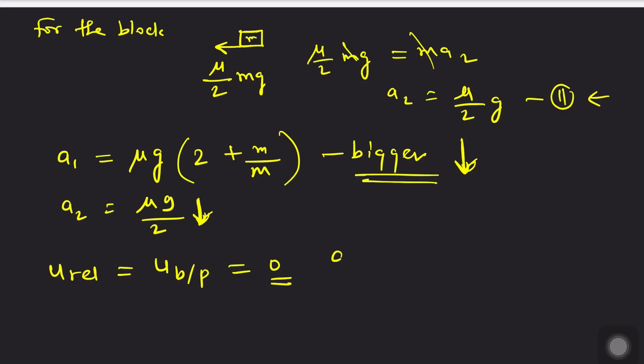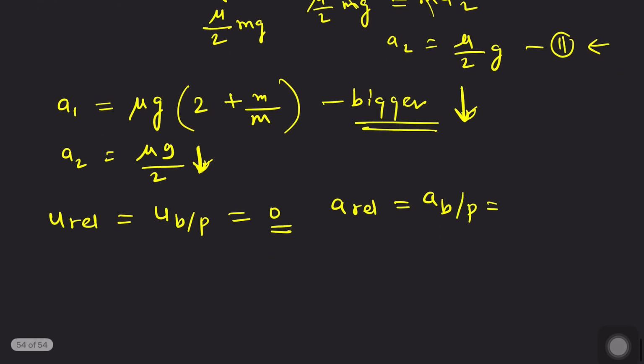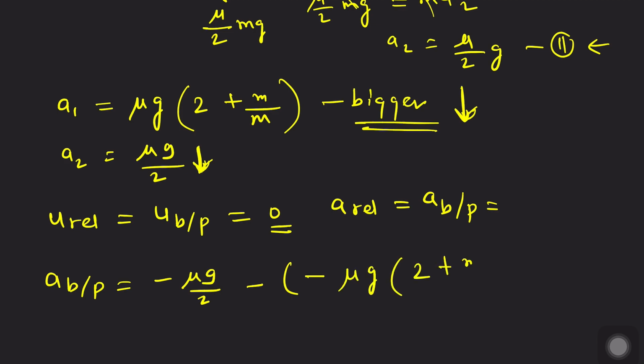The a relative, that is a of block with respect to plank, is, let me write here, minus mu g by 2, acting in the backward direction, minus mu g into 2 plus small m by capital M. Minus means I am showing the leftward direction as negative and the rightward direction as positive.